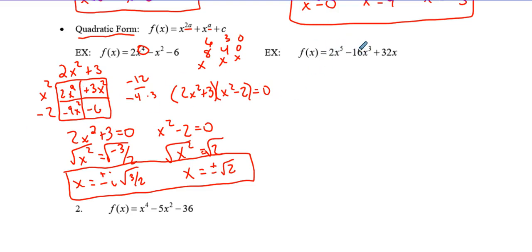2x to the 5th, negative 16x to the 3rd, and 32x. That's a GCF of 2x. So x to the 4th minus 8x squared plus 16. So factors of 16 that add to give me negative 8.